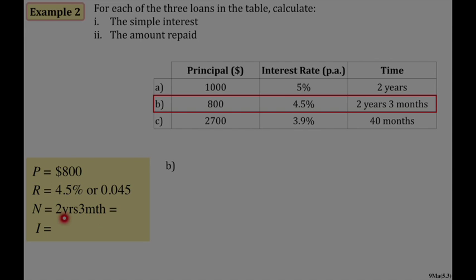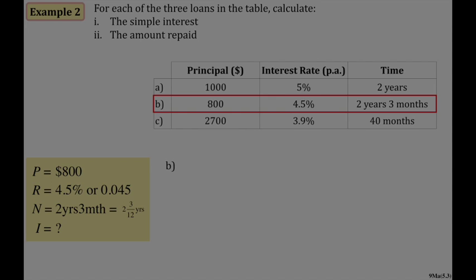It needs to be in years because the interest rate is per annum. It's in years as well. So 2 years and 3 months will become 2 years, and the 3 months is 3/12 of a year. So it becomes 2 3/12, which you could cancel to 2 1/4 if you like, because 2 years and 3 months is 2 1/4 years.